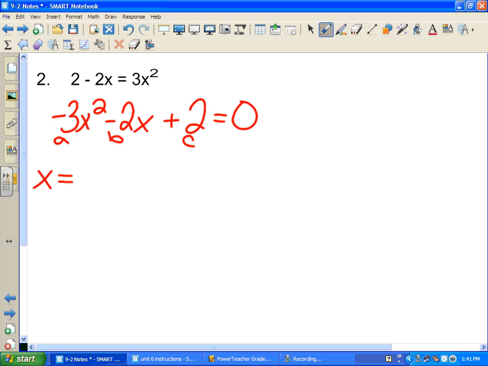Okay, so we just plug everything into the formula. So negative B is what? 2, which is positive 2, because B was already negative, plus or minus the square root of B squared.